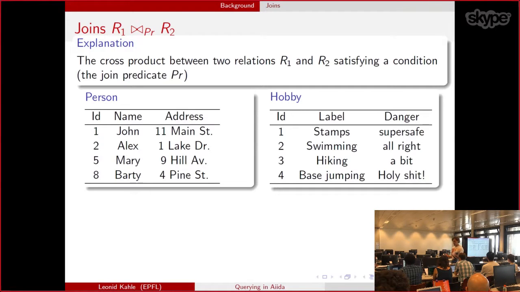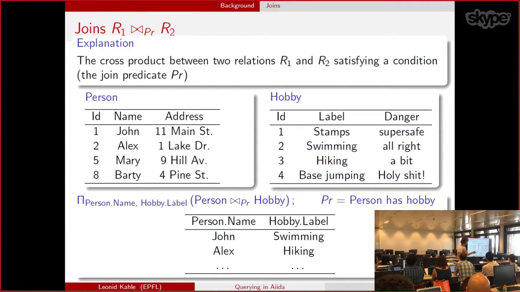A person still has a name and an address, and a hobby has a certain label, and we might associate other properties to it, such as the danger level or anything else. Now if you want to find out which person has which hobby, you need to do a join on them, so we join person and hobby given that the person has this hobby.